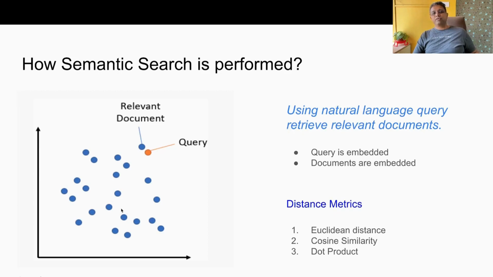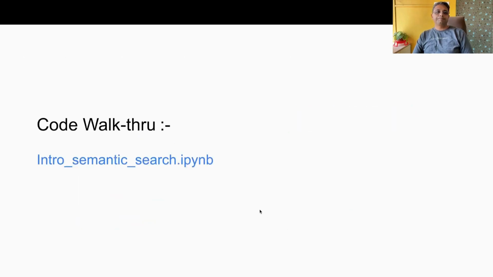So this is determined by a value of k, how many nearby documents we want to retrieve to understand what the closest match is. And the comparison is done using certain distance metrics like Euclidean distance, cosine similarity, dot product. These are some of the distance metrics being used.